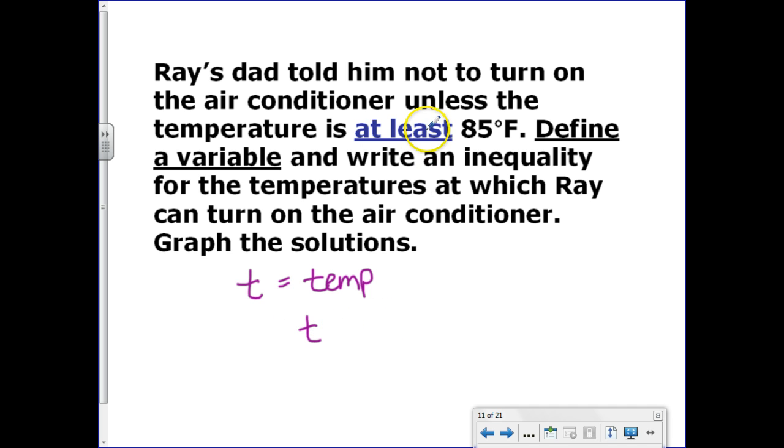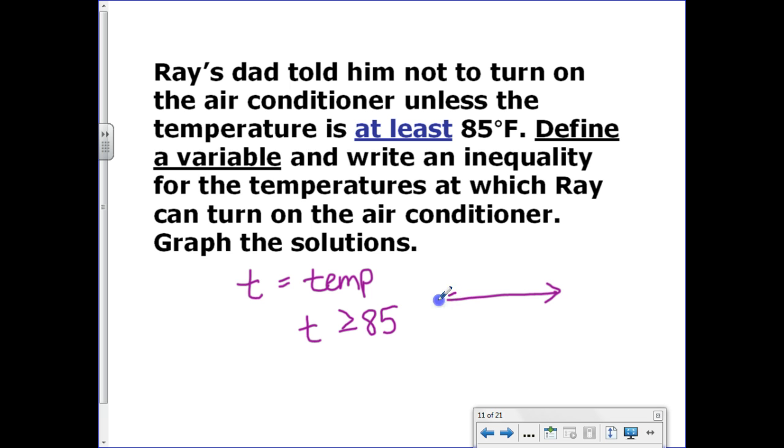The temperature has to be at least 85 degrees. T, at least 85. So it could be equal to 85. Can I turn it on at 85? Yes. Can I turn it on at 86? Yes. 87? Yes. But it has to be at least that big or larger. So use greater than or equal to for your inequality symbol.